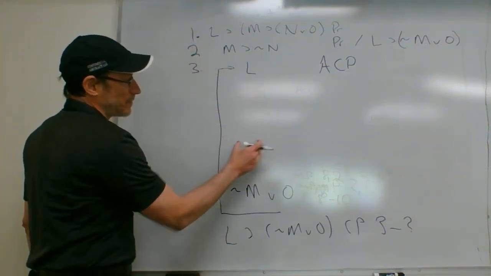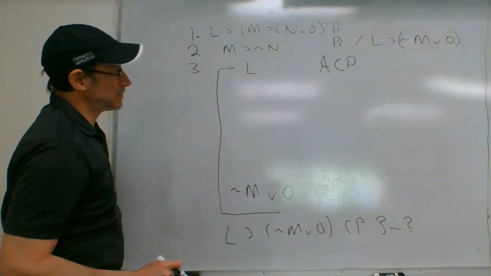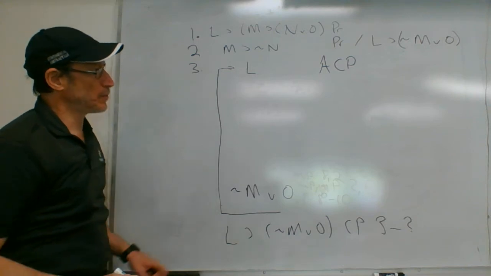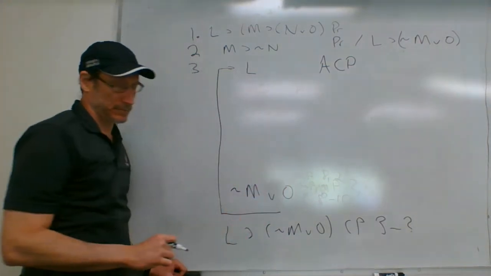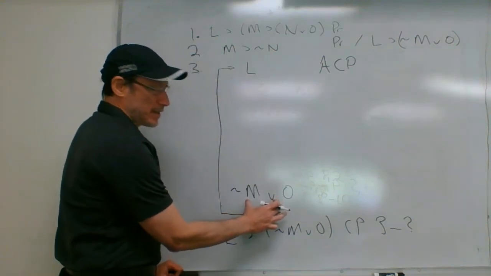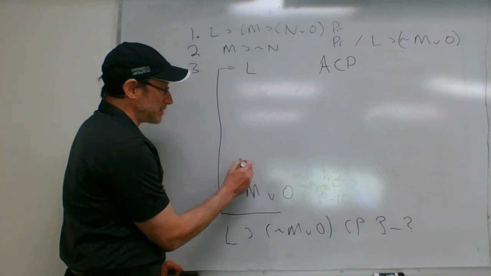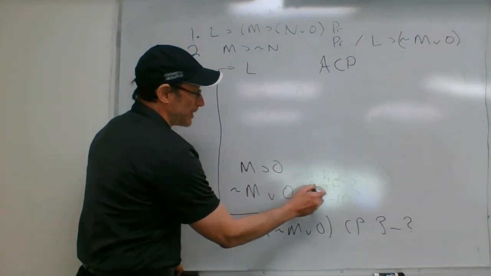Again, inside here, very often it's going to be the same rules. I think in this example, one way of doing it is going to be having another conditional proof in here, because working backwards, remember that not M wedge O is the same thing as M horseshoe O by implication.